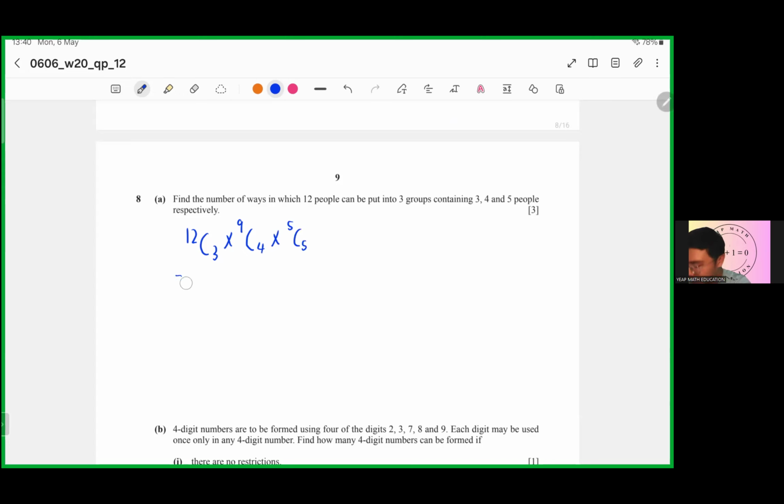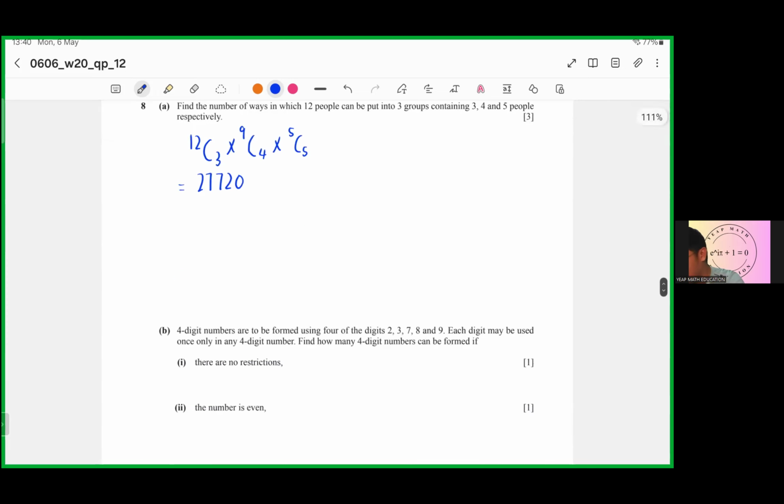This is your answer: 12C3 multiply 9C4 multiply 5C5, so you will get 27,720. I hope you can understand this way.